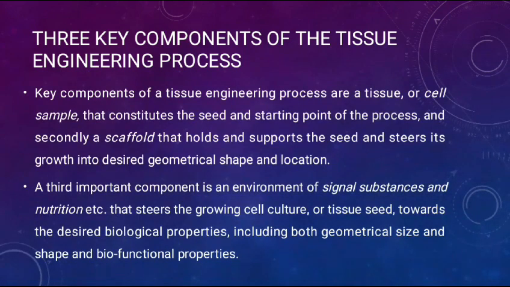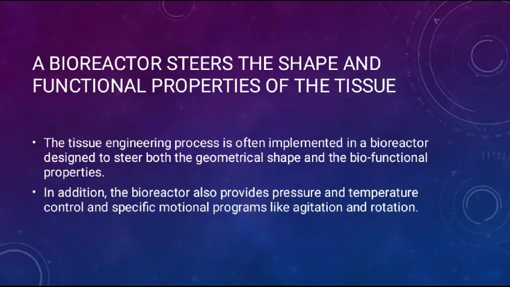A third important component is an environment of signal substance and nutrition, etc., that steers the growth of the cell culture or tissue seed towards the desired biological properties, including both geometrical size, shape, and biofunctional properties. A bioreactor steers the shape and functional properties of the tissue.